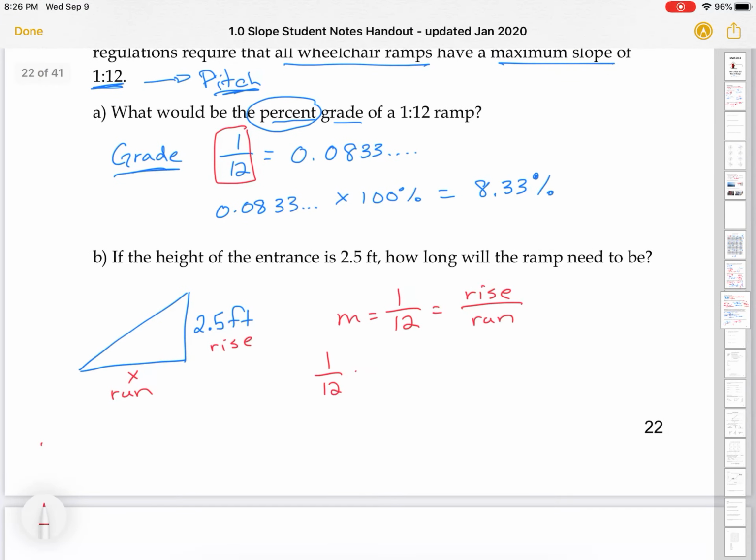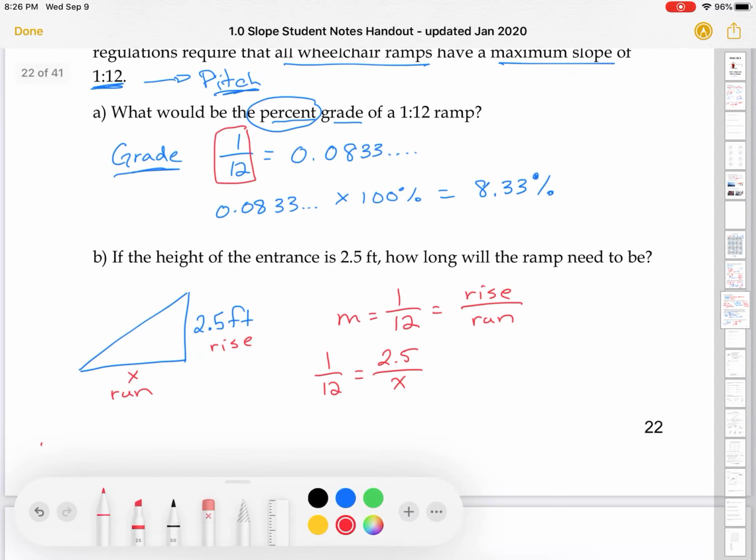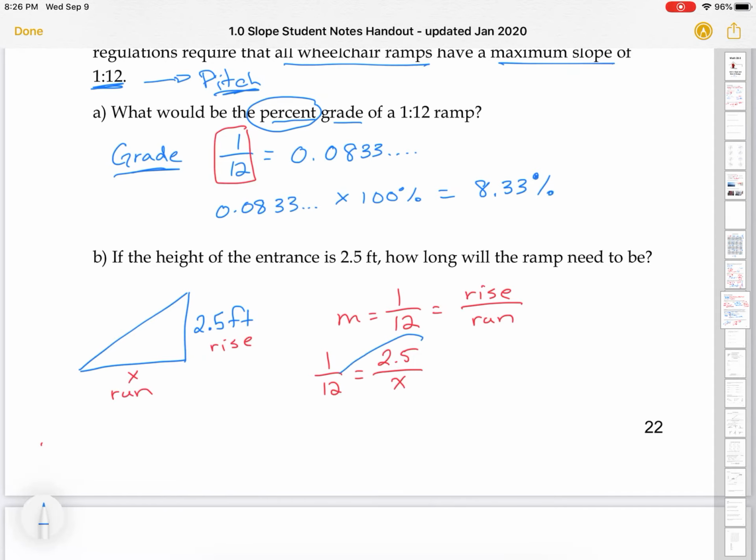So we're going to put in what we know into this equation. Okay, so we have 1/12 is equal to 2.5 over the run. Now we're going to cross multiply and divide. So we cross multiply the 12 times 2.5 and we divide by 1. So x will equal 12 times 2.5, and then we divide it by 1.